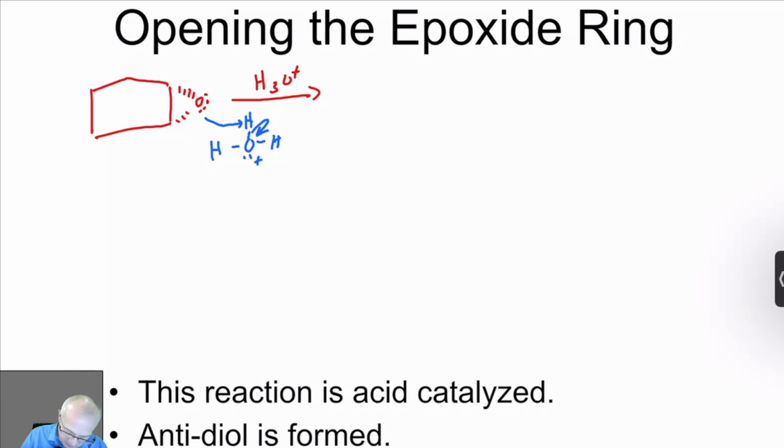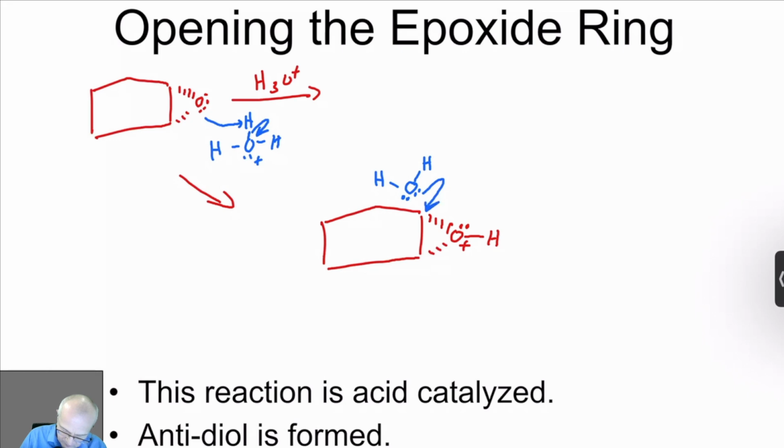So this is the first step. You just protonate the epoxide. Now it looks just like all the other intermediates we've been looking at. And now water, because remember we're in dilute acid, so there's tons of water in here, can come in from the side opposite and open up that epoxide.